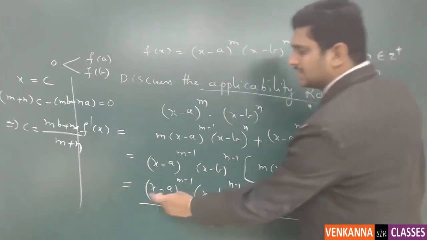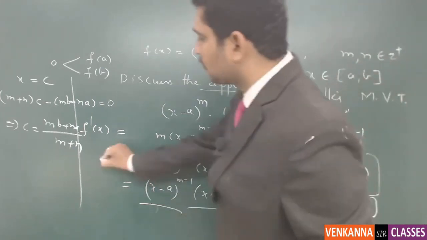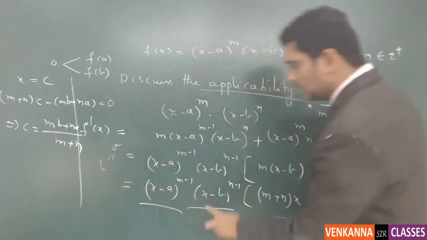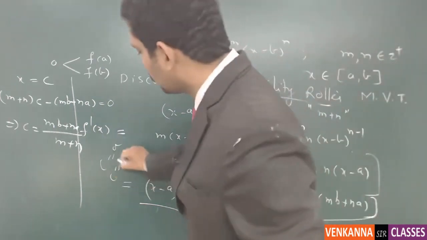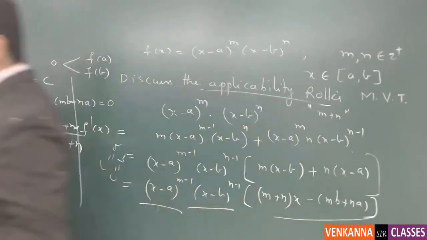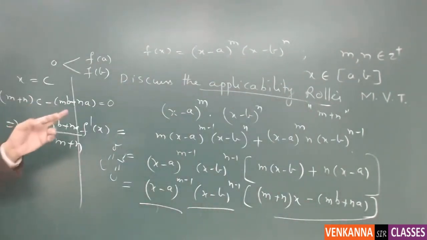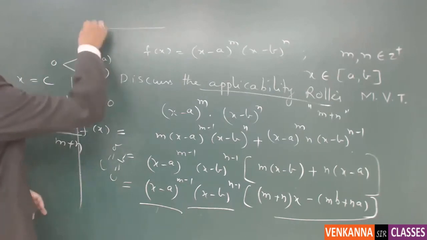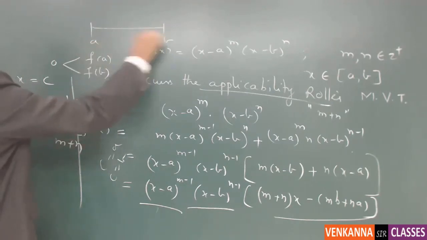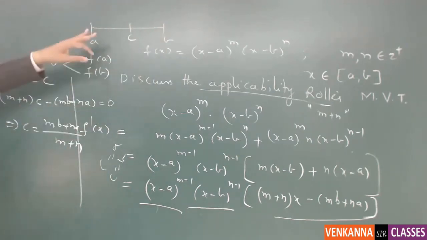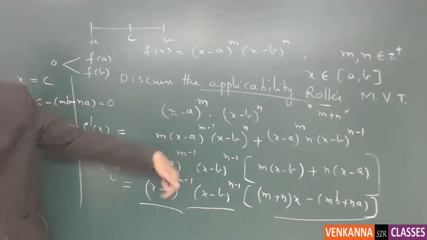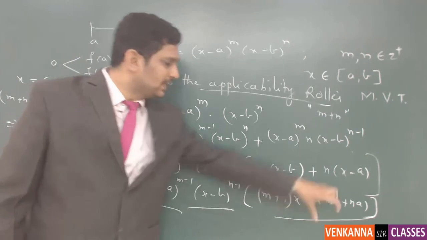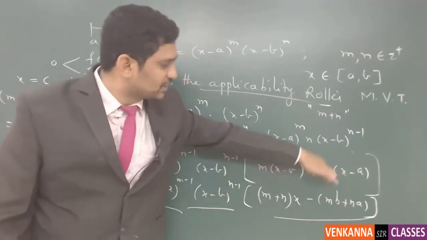So if you put x is equal to C here, you will get C is equal to A. If you put x is equal to C here, from this part, C is equal to B. Since as per Rolle's theorem, the point is lying in between A and B, you are not considering these things as the result of C, and you are considering to find C. This is the only part under consideration.